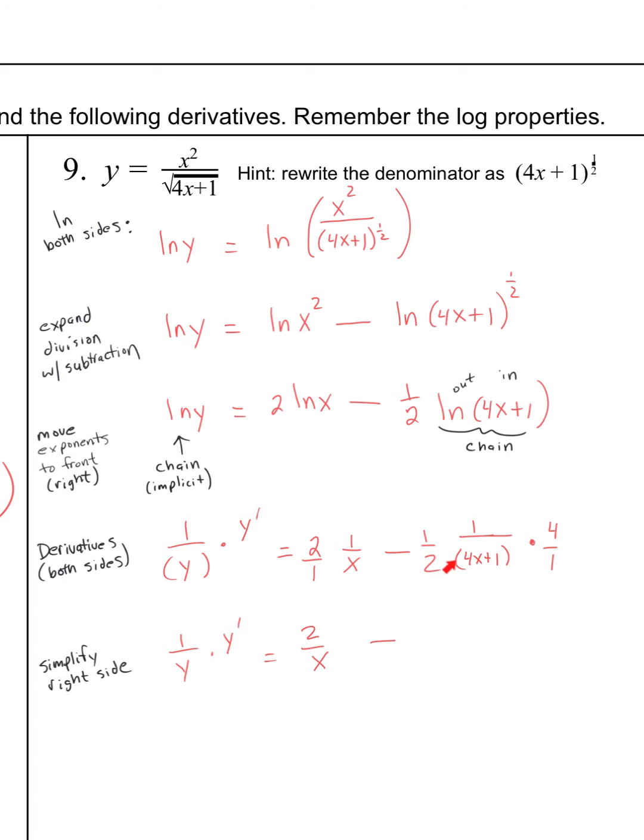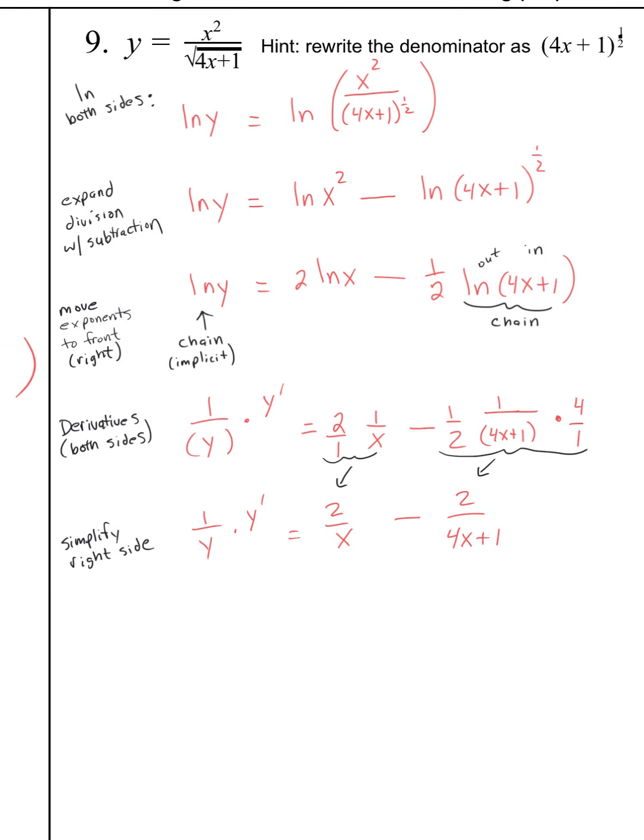When we simplify here, this 4 and this 2 can simplify to a 2 on top. If we multiply across the top, we get a 4, and across the bottom, we get 2 times 4x plus 1. So that simplifies to 2 over 4x plus 1. Now we're finally ready for our last couple steps.